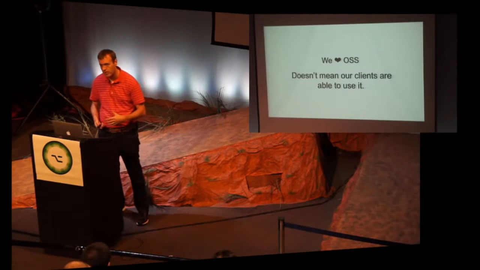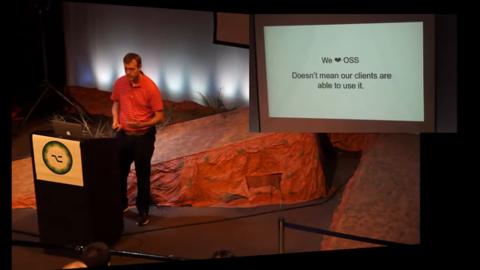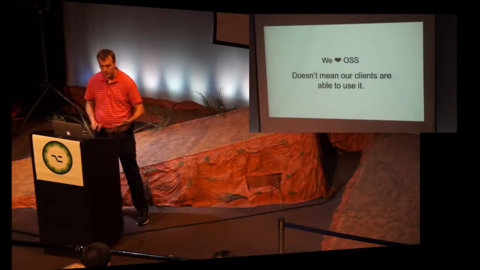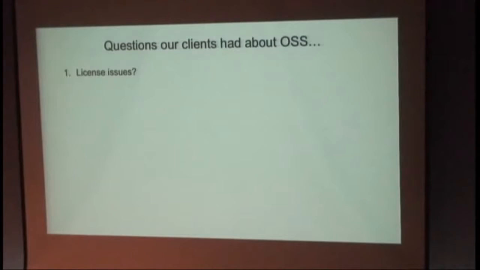So here are some of the questions they pinged us about directly when they wanted to start using open source software, before we even had some solutions built. The very first question was license issues. This is also a really good primer for anybody hoping to get their apps distributed by an Amazon or a Google or something like that.